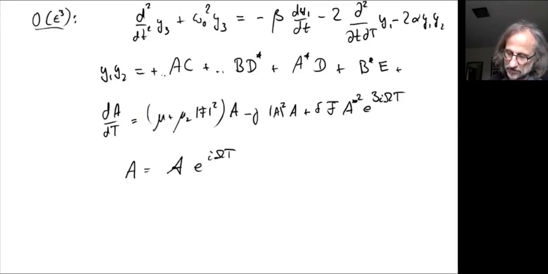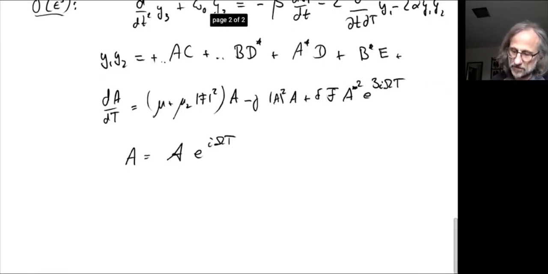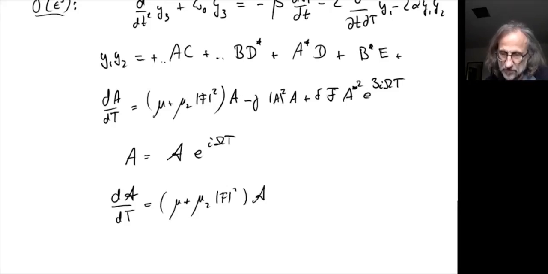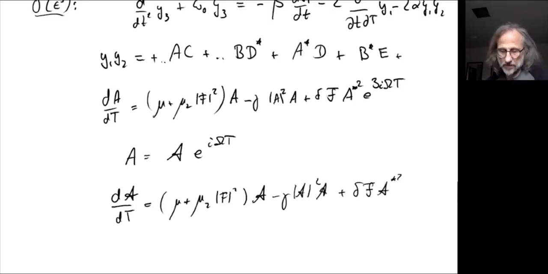So together, this will also be an e to the I omega t, and the overall e to the I omega t will cancel when you've gotten rid of those time-dependent coefficients. So you have d curly A dt is equal to mu plus mu2 f absolute value squared A minus gamma A absolute value squared A plus delta f A star squared.